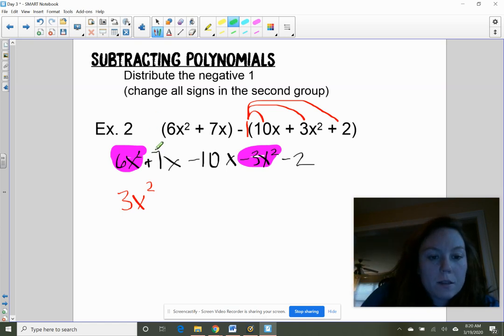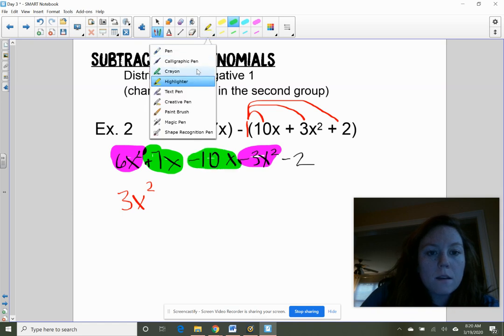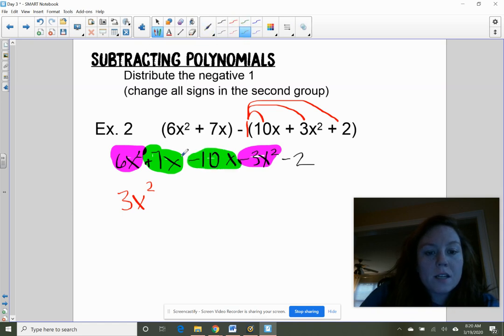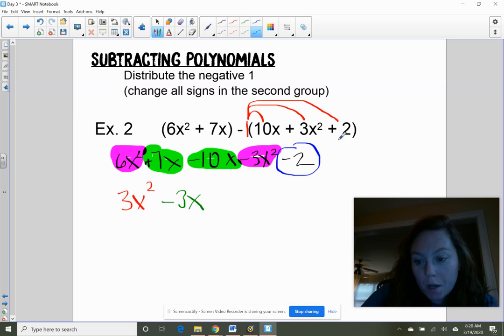I have a 7x minus 10x. 7x minus 10x is negative 3x. Now, at the end, you see how this negative 2 has no one to combine with? We just bring it down, and that's it. And this is my final answer. It's in standard form. Okay, notice it has the highest exponent in the first term, then the next highest, and then the constant again.